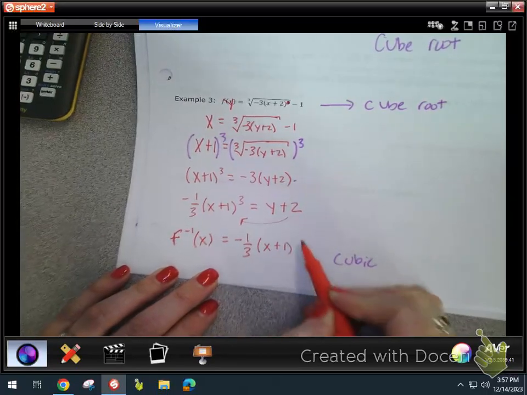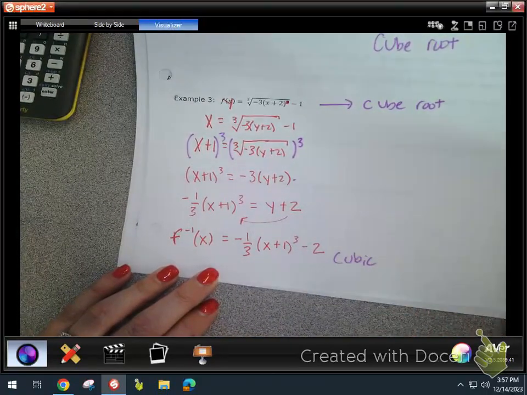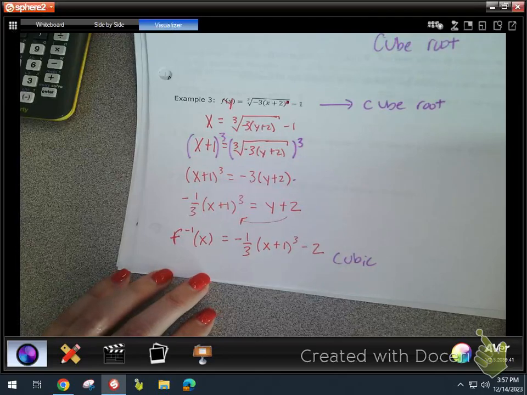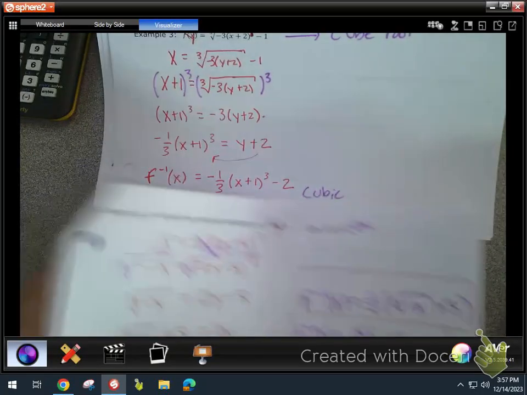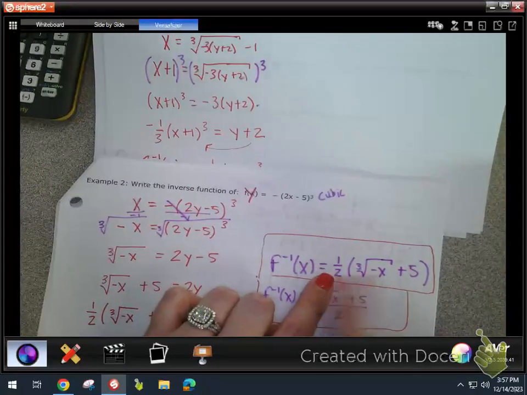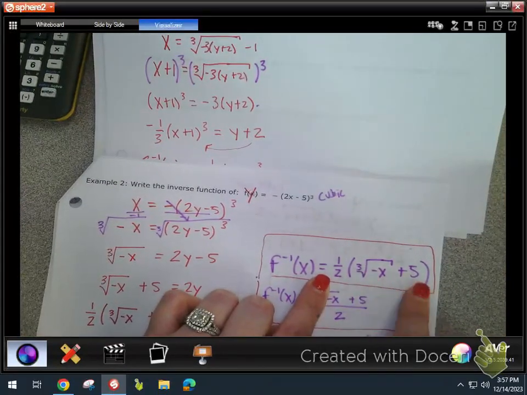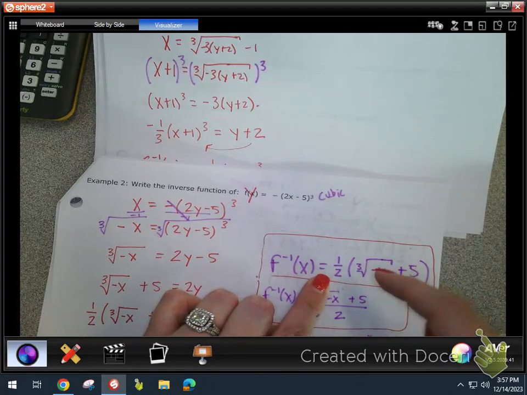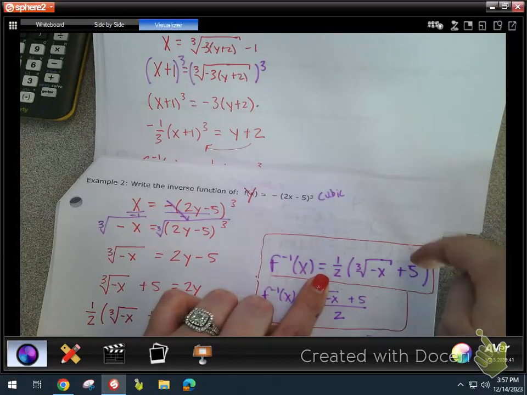x plus 1 to the 3rd minus 2. So in the problem right above, when I wrote it like this, 1/2 parentheses this plus this, I could technically distribute that 1/2 and have a different number right there.